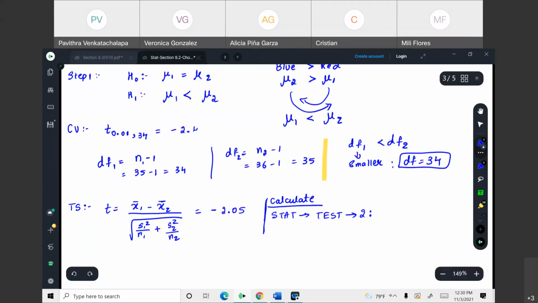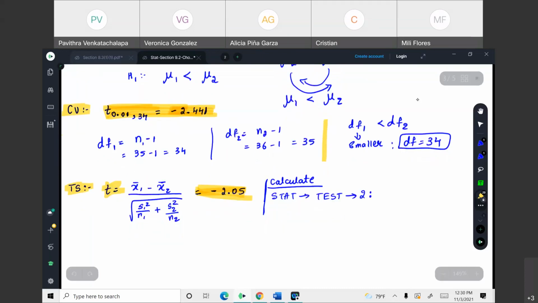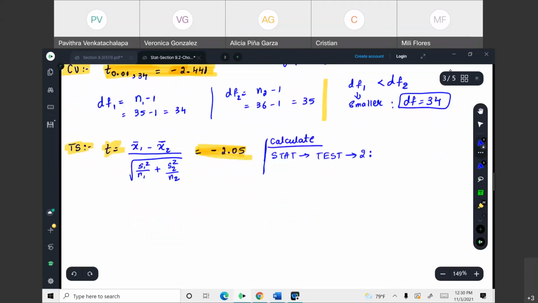Just tell me if I am doing something wrong. Do you get the same answer? This is your test statistic and this is your critical value. Once you complete this, the next step is very simple. Find out the p-value.